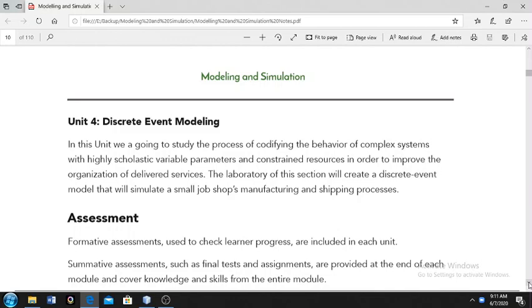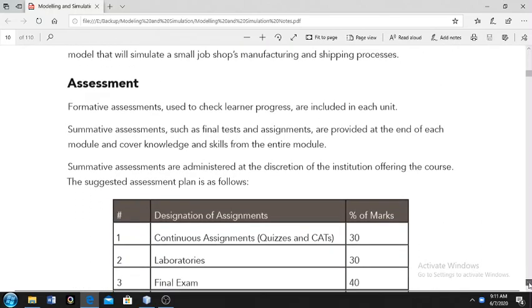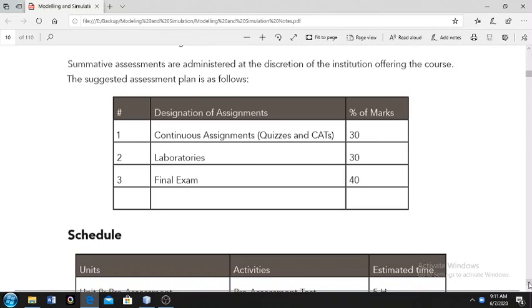The laboratory of this session will create a discrete event model that will simulate a small job shop's manufacturing and shipping process. So those also in business, this is a very good example.